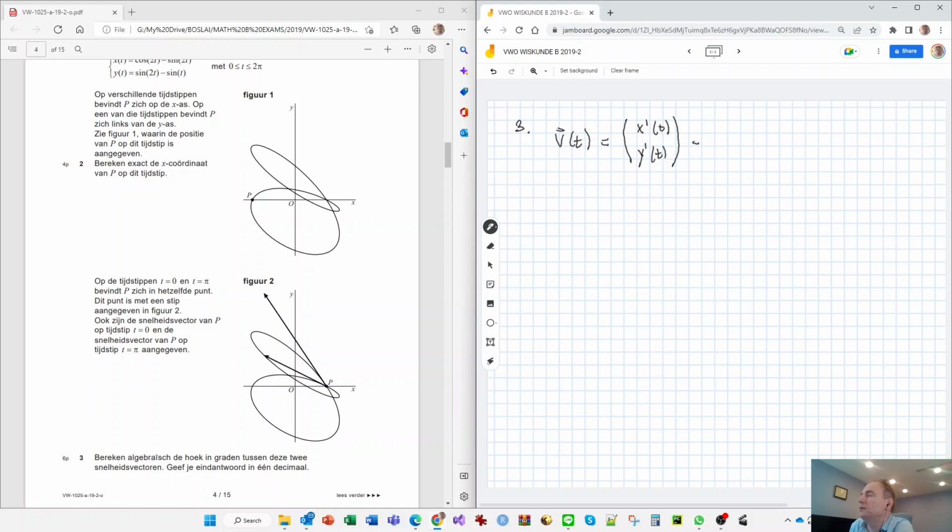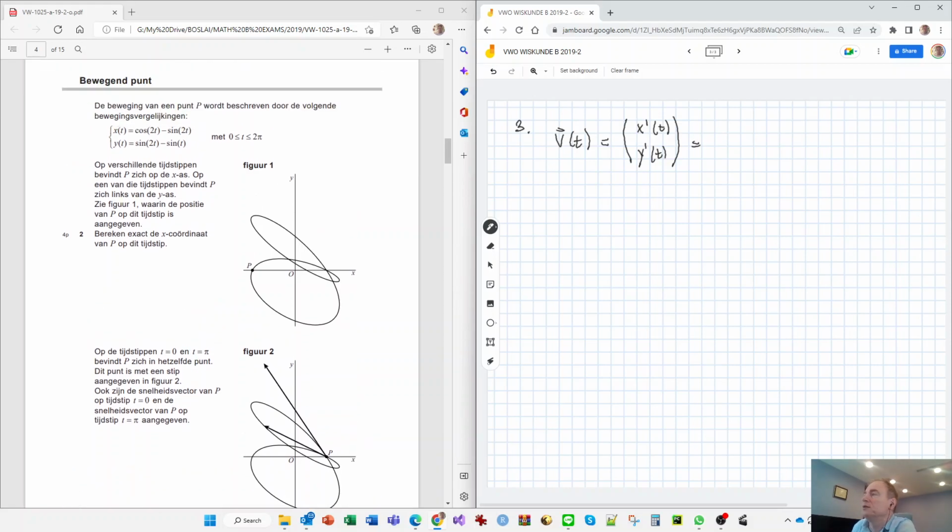So you can calculate that cosine. The derivative of a cosine is a minus sine, and with the chain rule then you get minus 2 sine of 2t. Again, this is error prone, do this carefully.